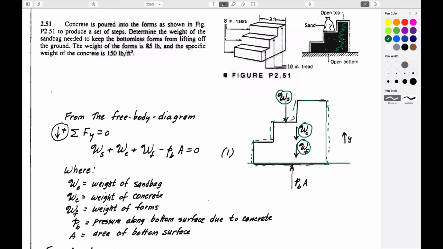And pushing up against this is the fluid pressure acting on here. That's the reaction. If you looked at, for instance, the fluid pressure on the side here, and you drew this, you know the fluid pressure would look like this.